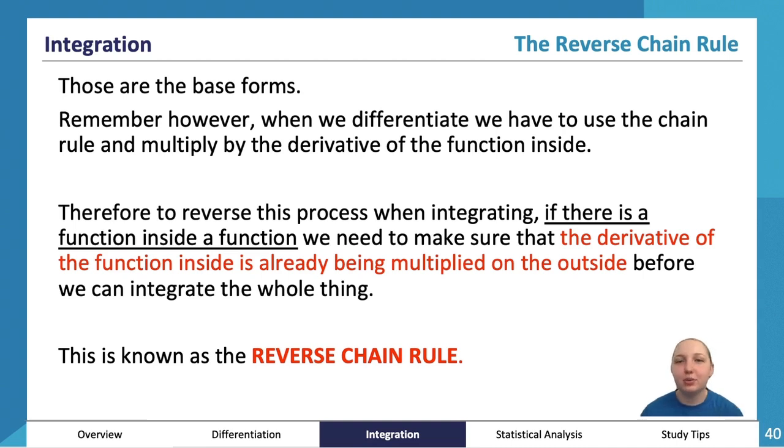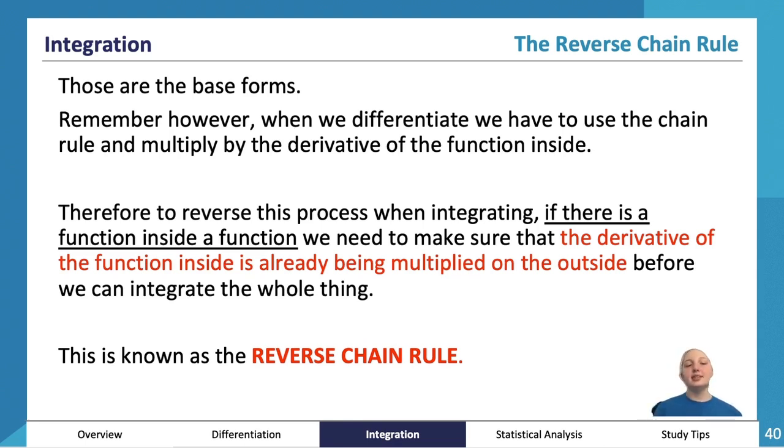Because we have to do that when we differentiate, there's going to have to be a matching thing to do when we are integrating. So to reverse this process, if there's a function inside the function, we need to make sure that the derivative of the function inside is already being multiplied on the outside before we can integrate the whole thing, which is called the reverse chain rule.